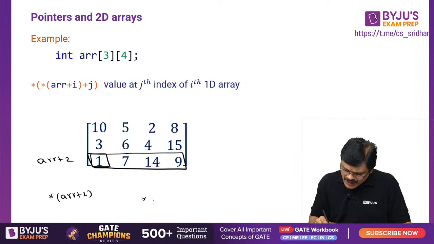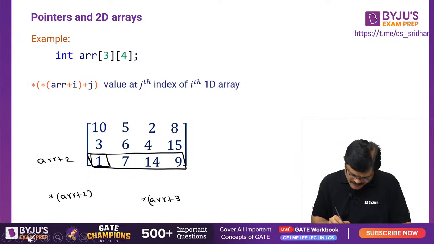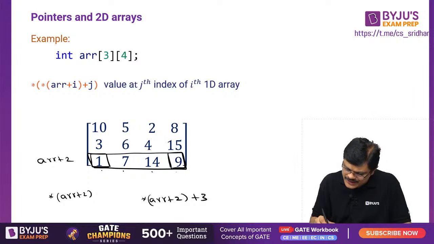Suppose I do star of ARR plus 3, sorry, 3 means we'll go out. 2 plus 3 refers to this location, starting from 0, 1, 2, 3. It refers to this particular location.